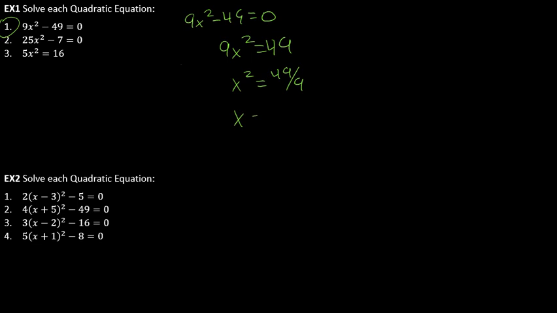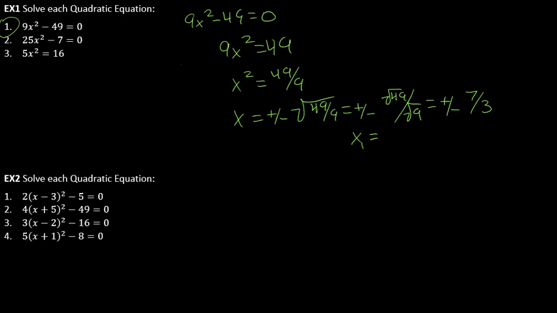Take the square root of both sides, and we get x equals plus or minus the square root of 49 over 9, which is equal to plus or minus the square root of 49 over the square root of 9, right? That's our quotient law of radicals again, which is equal to plus or minus 7 over 3, meaning x1 is 7/3 and x2 is negative 7/3.